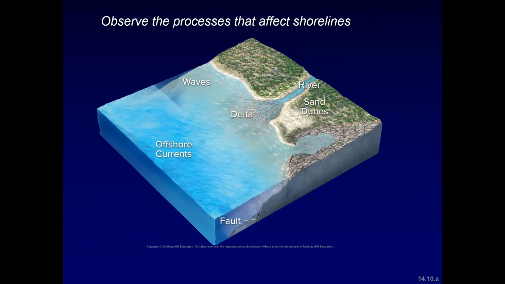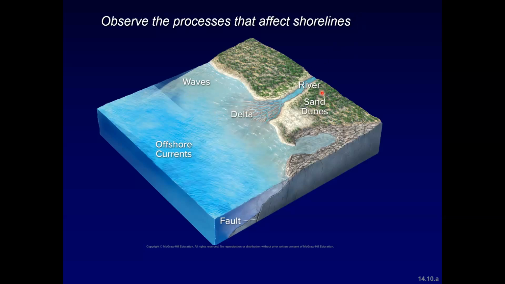We'll sort of pause on glaciers for now. It'll come back. But let's think about shorelines. Okay, so we'll observe the processes here that affect shorelines. You have offshore currents, waves generated from wind. They can move sediment and erode and deposit material.